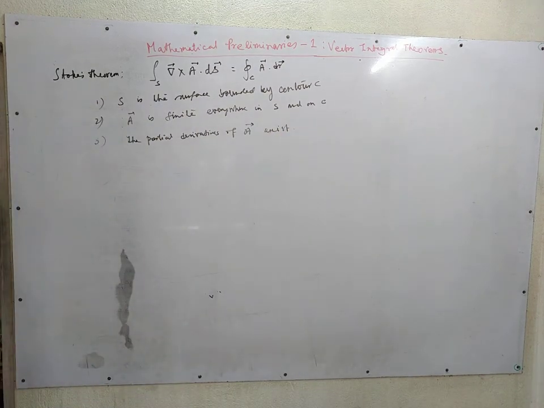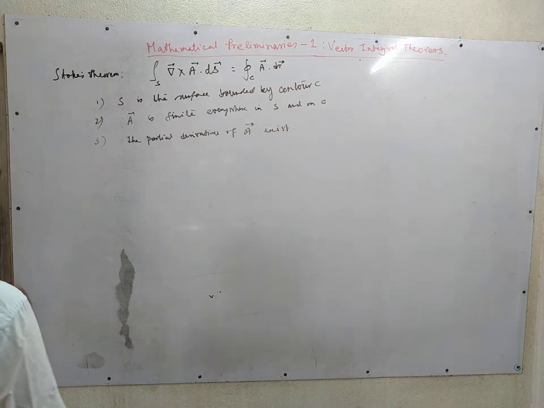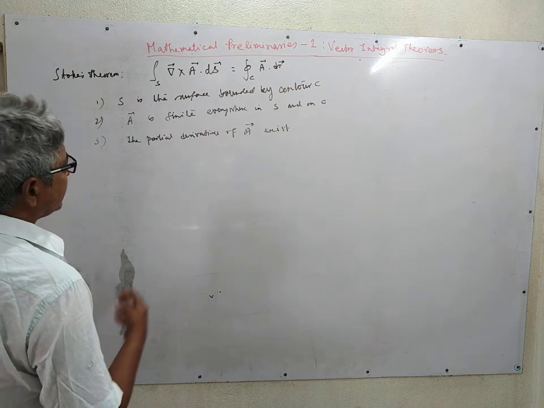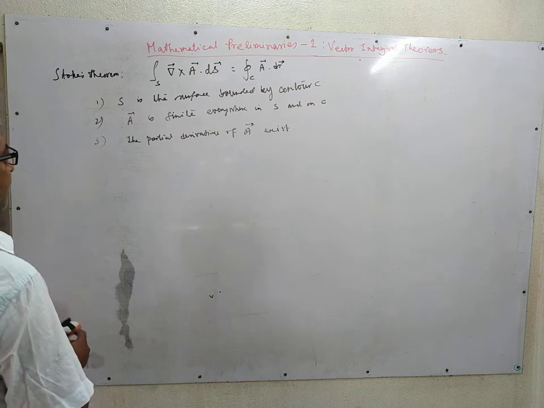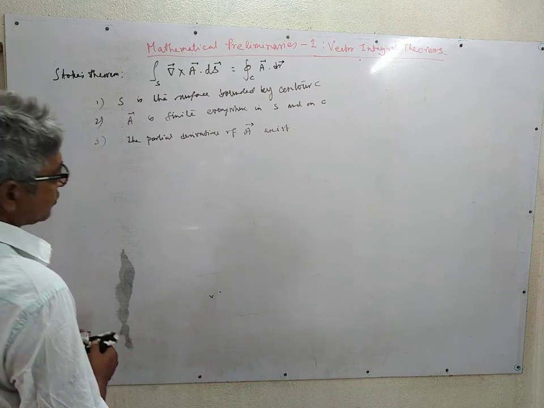If these conditions are satisfied, then the Stokes theorem is valid for any vector field satisfying them. Here we shall derive the different alternative forms of Stokes theorem.